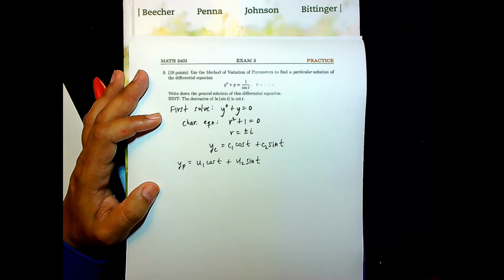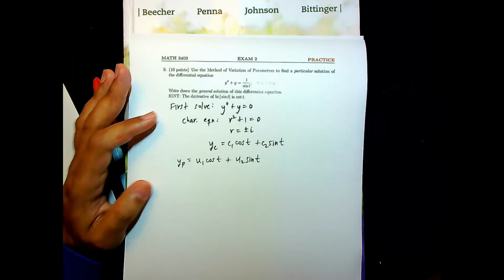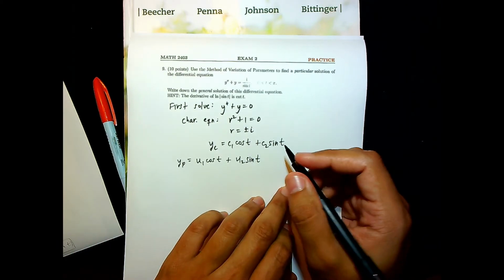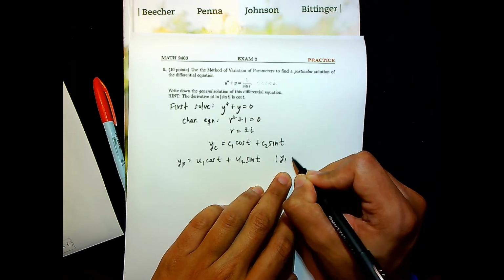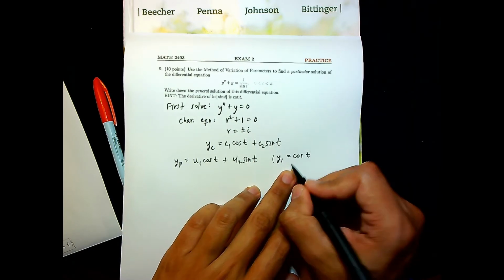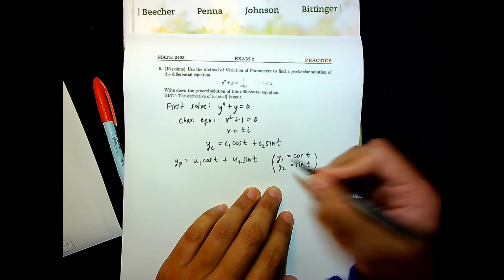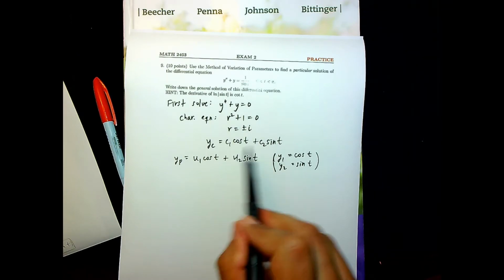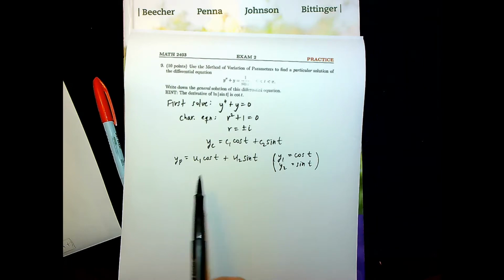Where u1 and u2 are functions that we need to figure out, but we have formulas for them, so we can just use them. For clarity, y1 is cosine of t, and y2 is sine of t. So the particular solution is of the form u1 y1 plus u2 y2.